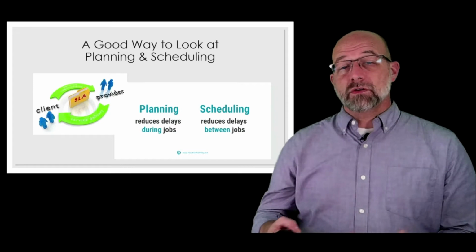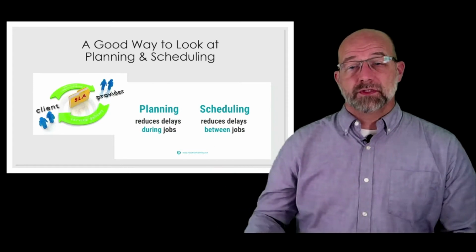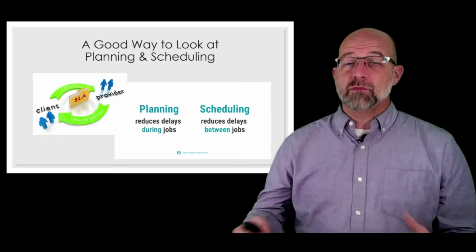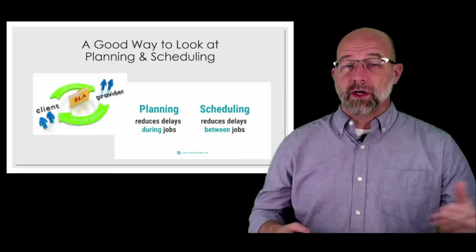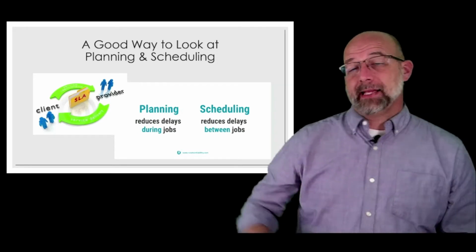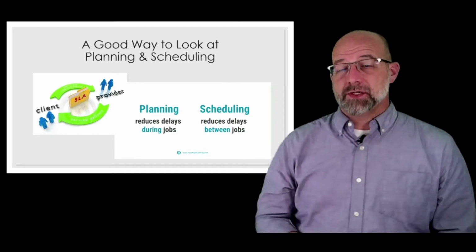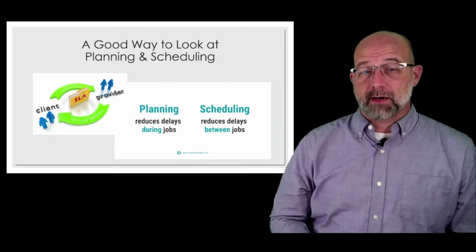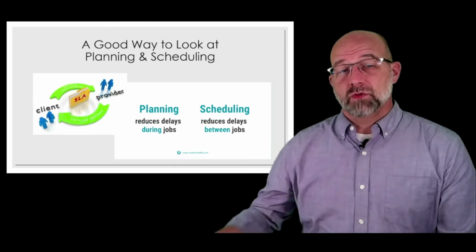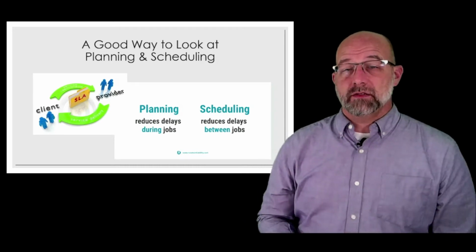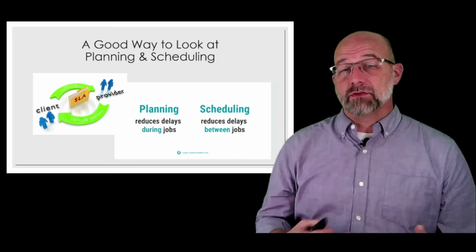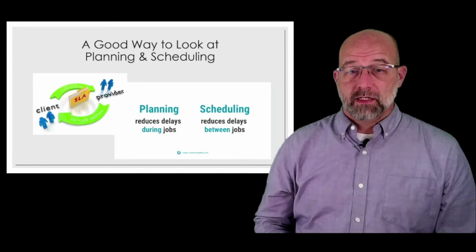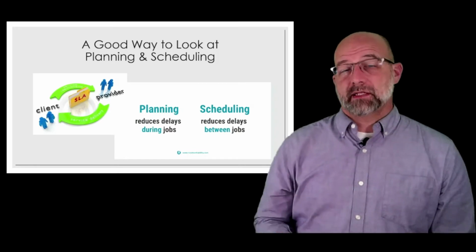And then you'll use the scheduling portion of it to reduce the delays between the jobs so that you can be more efficient in identifying where the work's going to be taking place and keeping things grouped together in those areas so that you have less mobilization and demobilization problems. This in turn will give your end users a little bit more of an idea of how you're going to do it and that you will meet the needs that they have for what their expectations are.